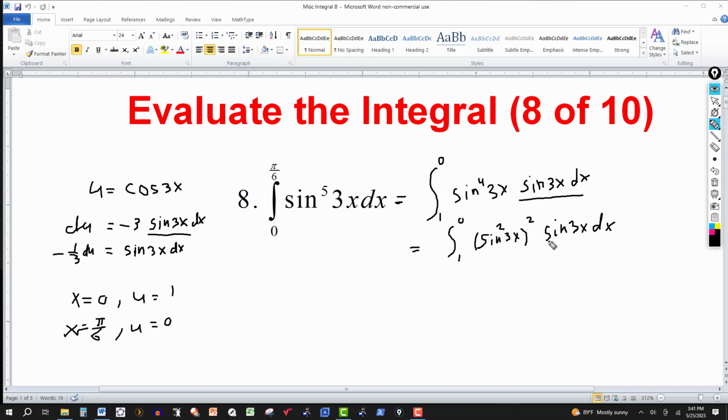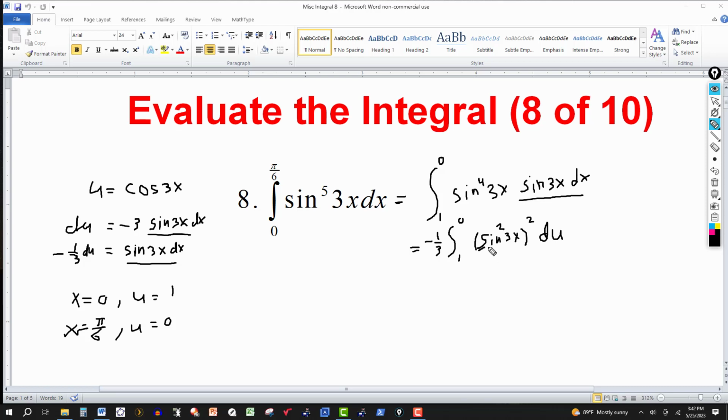The sine of 3x dx over here can be replaced by a minus 1/3 du. So I'll put the minus 1/3 out in front. This then becomes du. Again, transforming everything in terms of u.